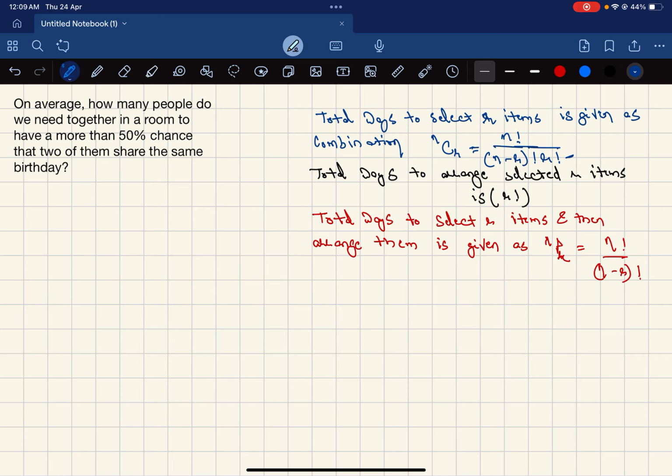Now let's look at this particular problem here. On average, how many people do we need in a room to have more than 50% chance that 2 of them share the same birthday?